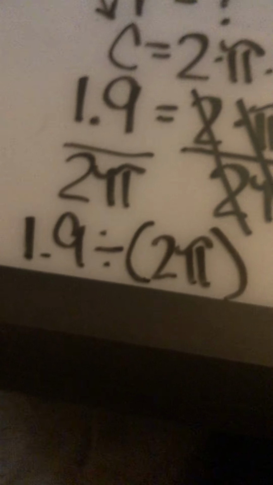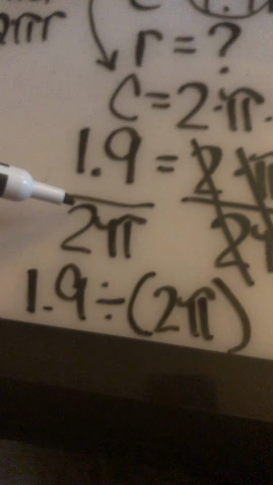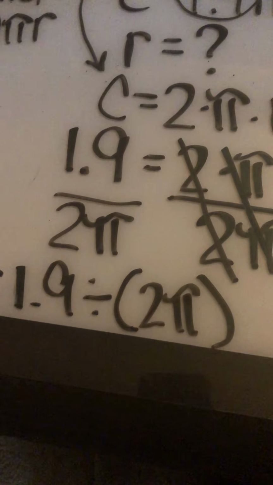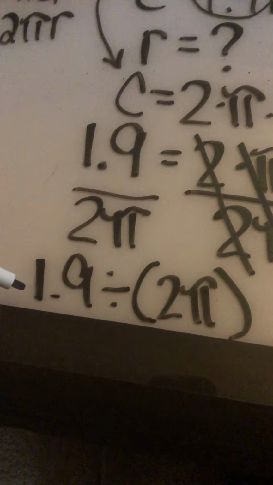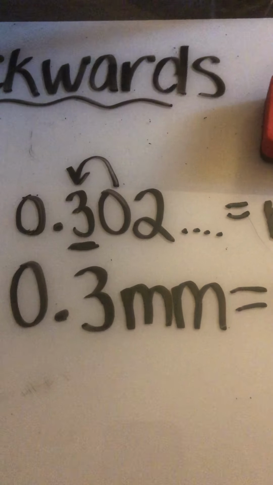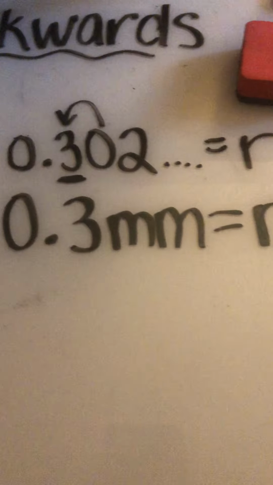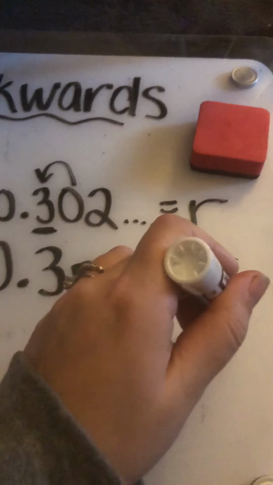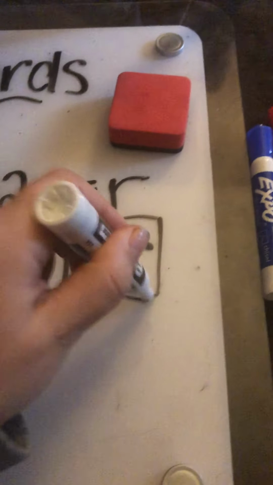If you don't do it, you won't get the right answer. If your calculator has a fraction option, then you can put this in like this and press enter. You will get the same quotient as this. Okay, so we did that. We got our quotient. We were told to round to the nearest 10th, and then we included our units, and that is our radius for this example.